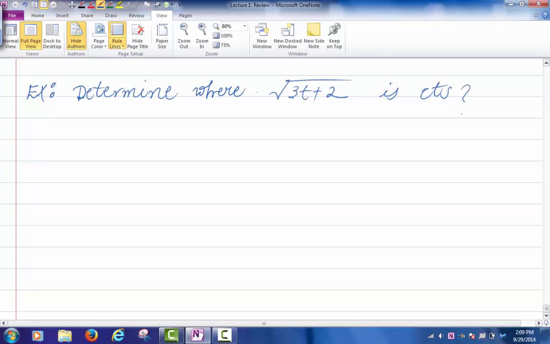Let's actually give this a name, maybe call this f of t. So determine where this function is continuous. So this is a root function, the even root of 3t plus 2. First of all, let a be any real number, okay?